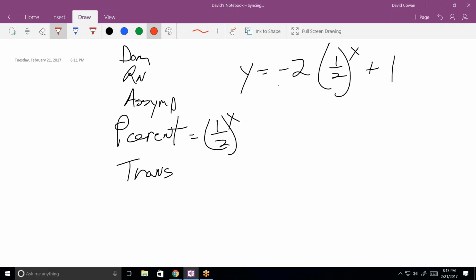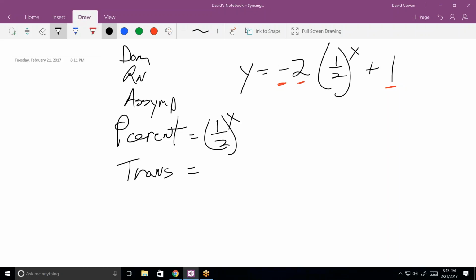Okay, there's three things going on here. There's this thing, there's that thing, and there's that thing. Which one should we do first? Probably the negative. Always the negative. So what's the consequence of that negative sign?